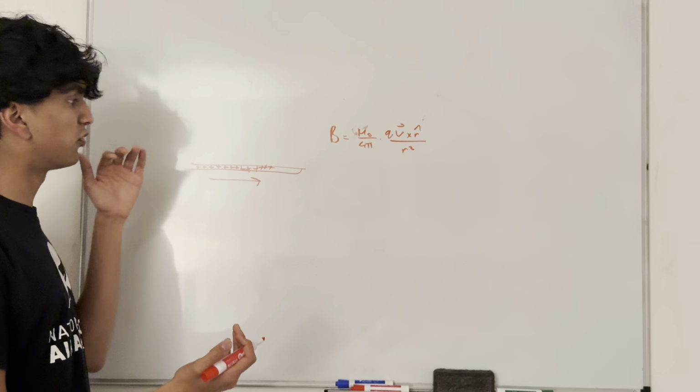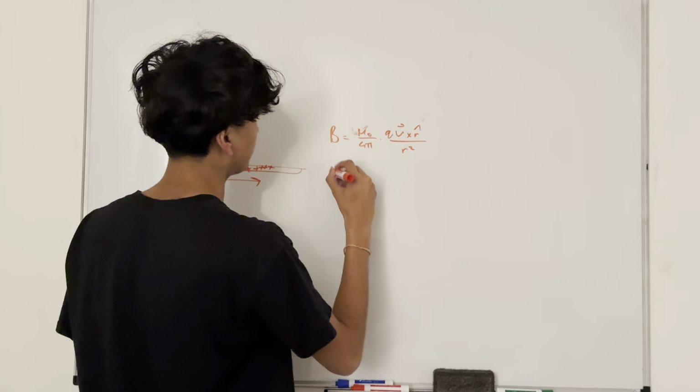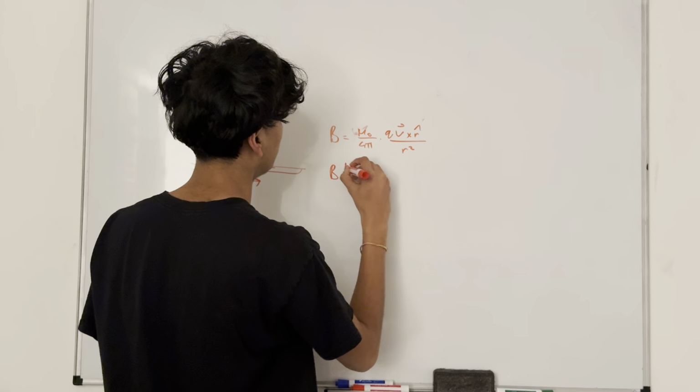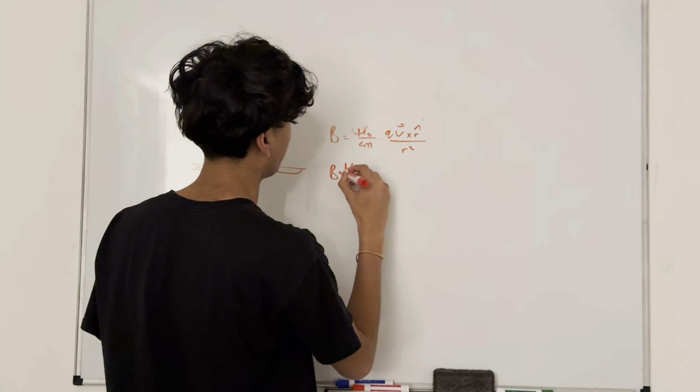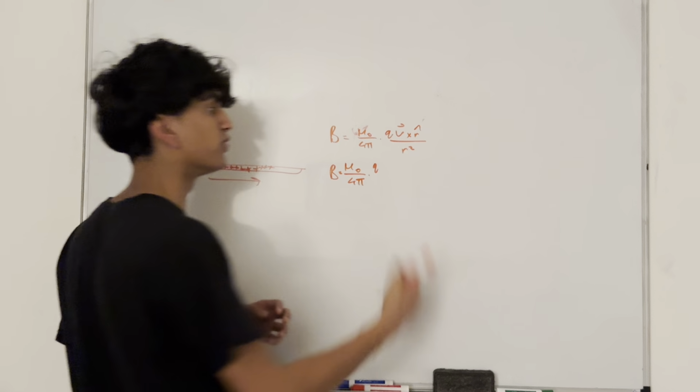So there's a current. If you think about B equals mu naught over 4 pi, one way you can rewrite this is, well, velocity.